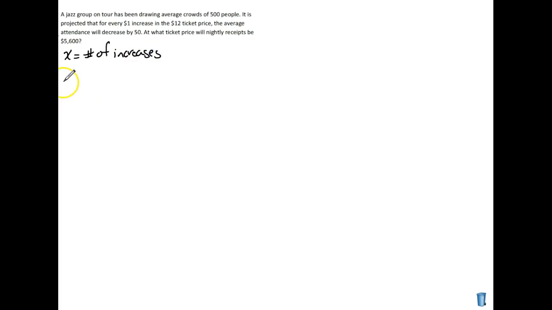Okay, so let's just look here. When x equals 1, we take our $12 and add $1 times x, the number of times we increase it. This is our $1. We start with $12 and add $1 times 1 to our ticket price.